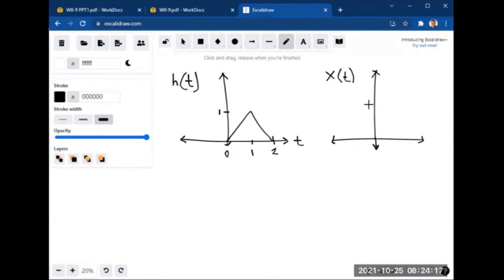For our input, let's say at time 0 we have a signal with a height of 1.